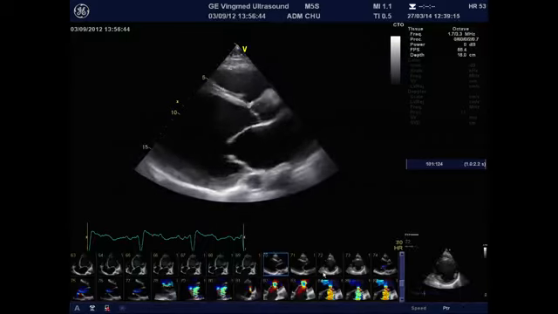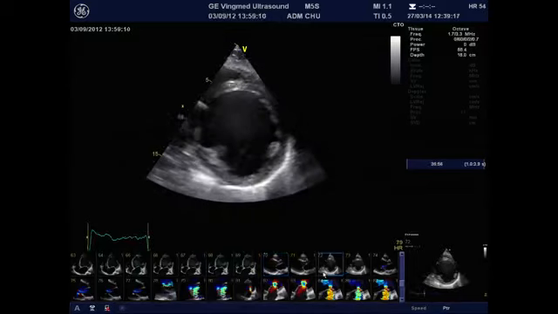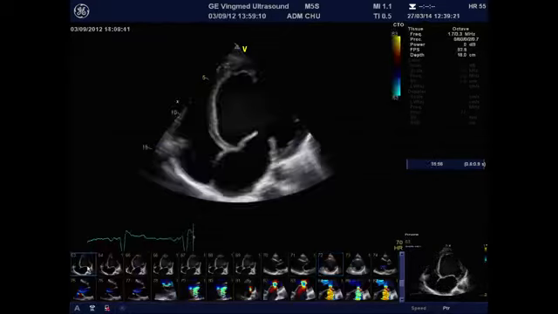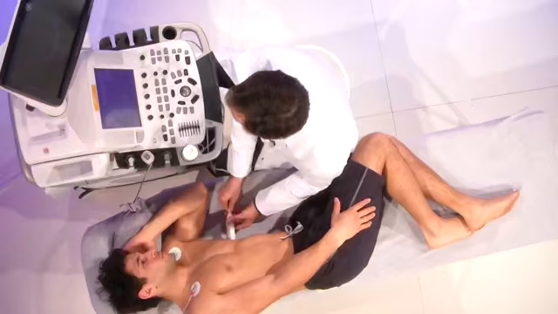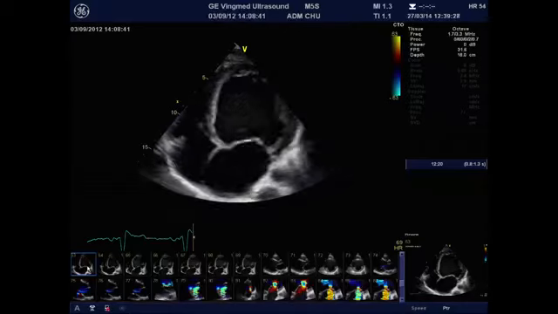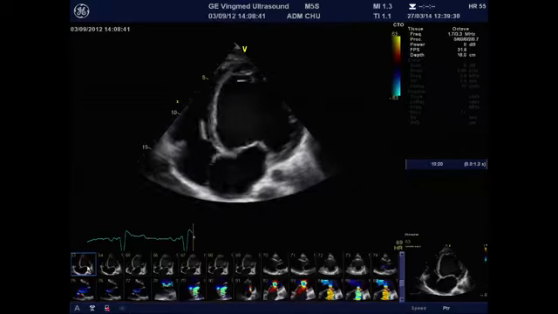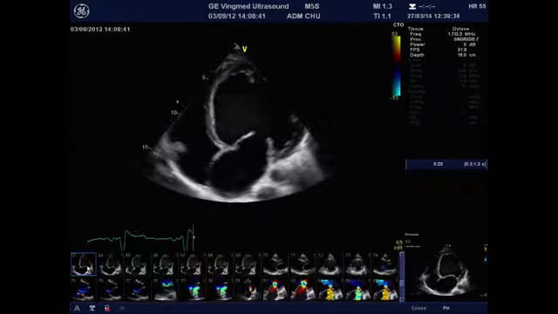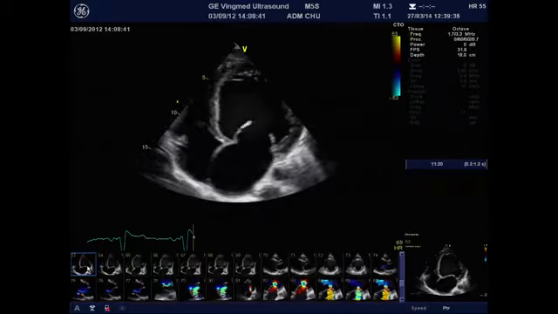If we move the probe and take the parasternal short axis view, and after that the long axis view, we can observe the geometry of the mitral valve and the deformation of the mitral valve that is secondary to the changes in the ventricular condition.